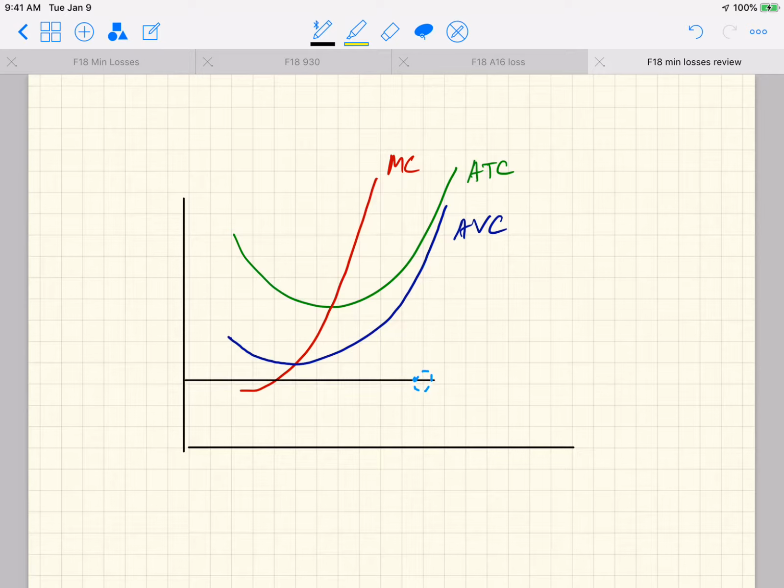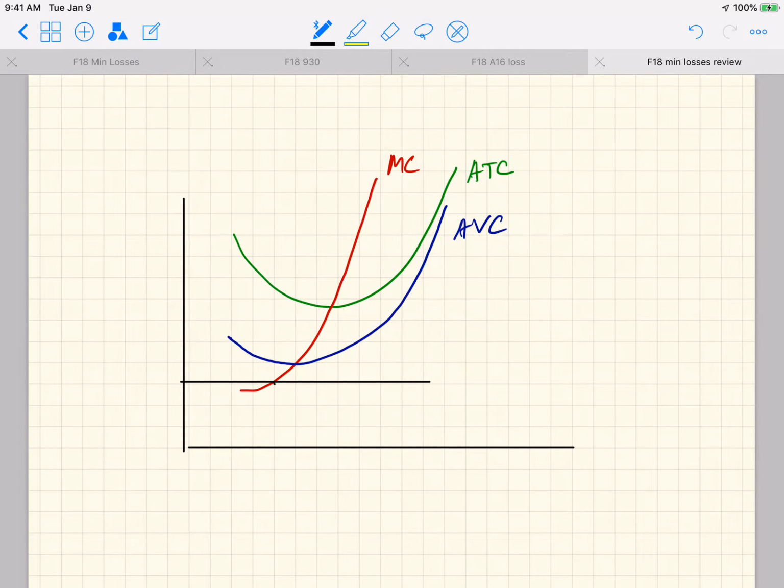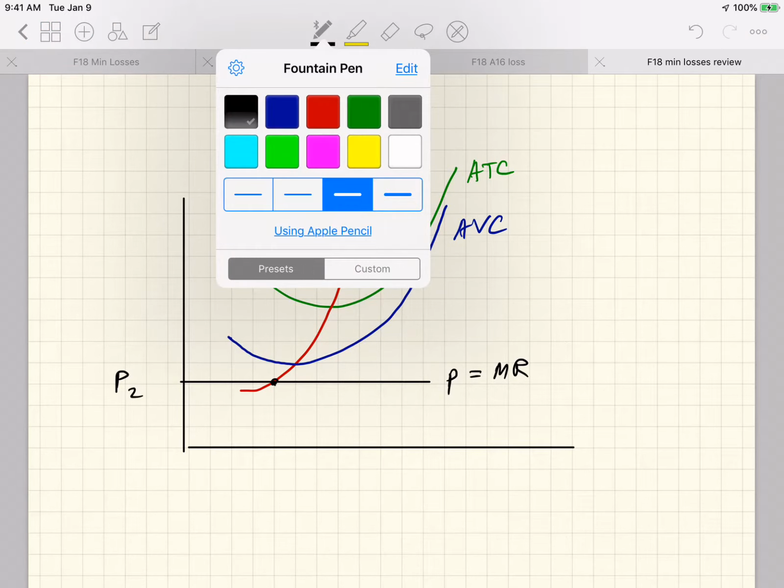To make it easier to work with, I'll move it up so it will be easier to read numbers here. And so this is where MR meets MC, right? This is price 2, and price in this case always tells us marginal revenue. So that's the point where MR meets MC.